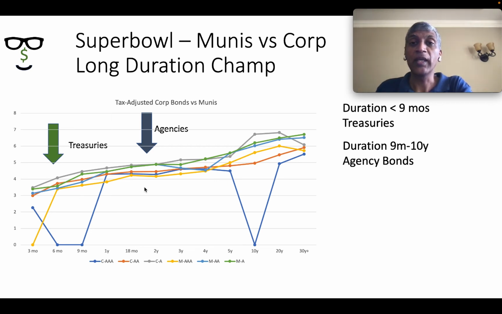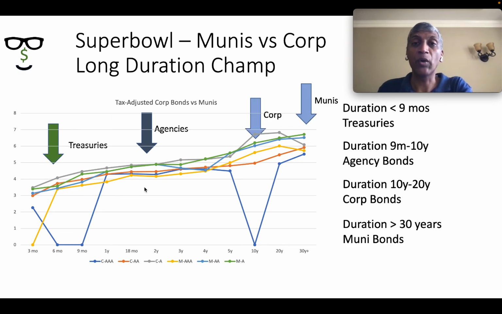Drum roll. Even at the highest tax advantage, Munis only win at the very, very long tail. Corporate bonds in today's interest rate environment trump Munis all the way until 30 years. Now, that is not to say this would change tomorrow or the day after.